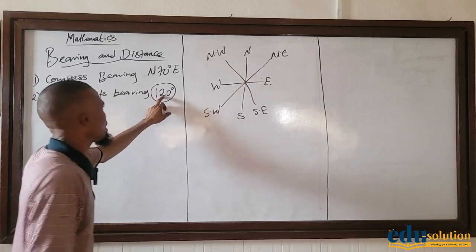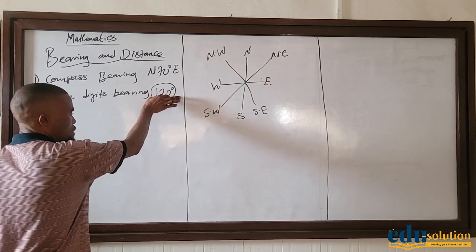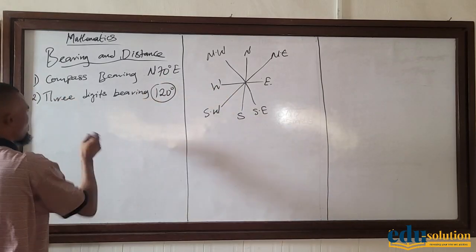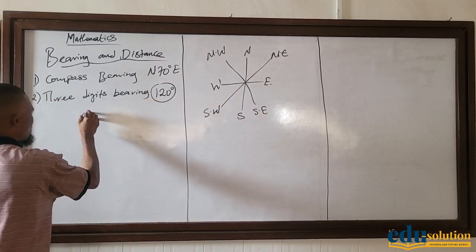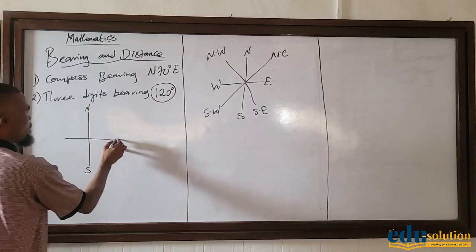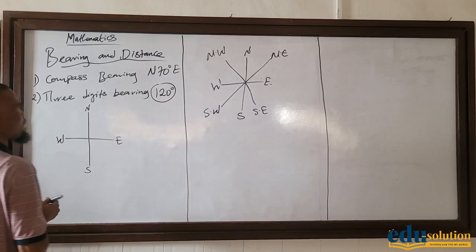Okay, now we are taking this as an example. We have 120 degrees. As you can see, it is a three-digit bearing, and I want to convert it to compass. What I will do is draw the cardinal points: our north, our south, our east, and our west. So we have 120 degrees.